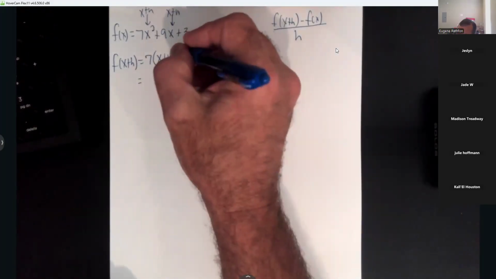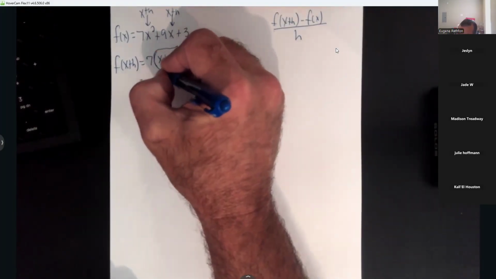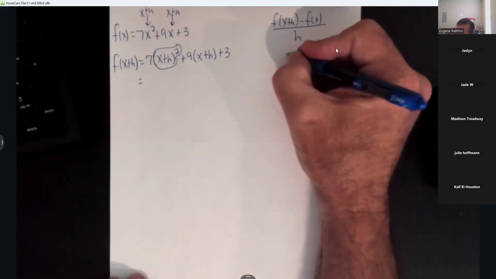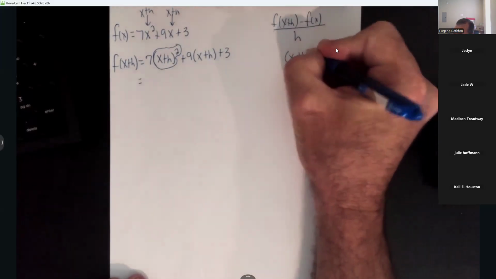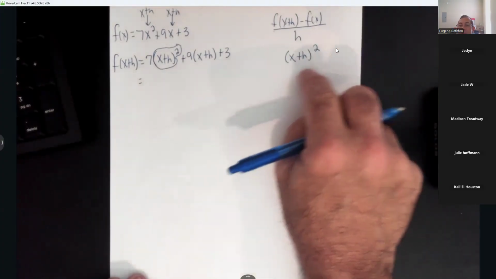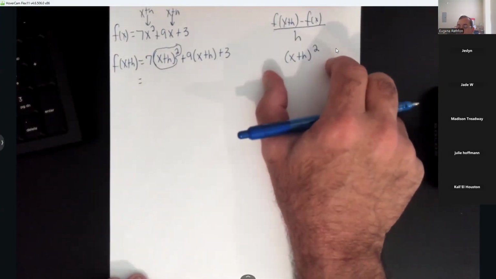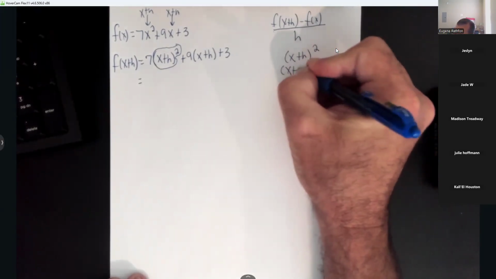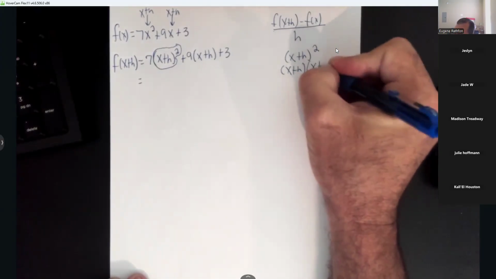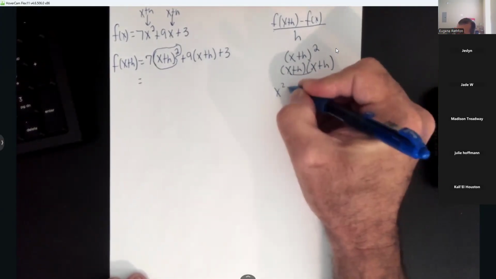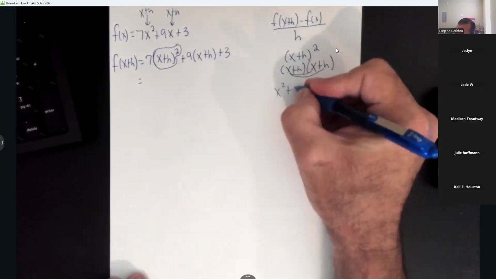Alrighty, so the first thing I'm going to do is figure out what x plus h squared equals. And y'all, in the long run, we had these written down when we worked them out. But x plus h squared is x plus h times x plus h, which will give you x squared plus hx.